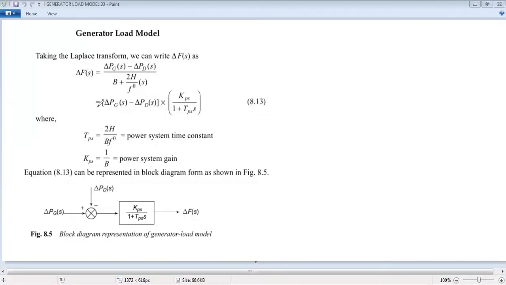So ΔF(s) equals ΔPG(s) minus ΔPD(s) by, from the previous equation, you apply the Laplace transform.